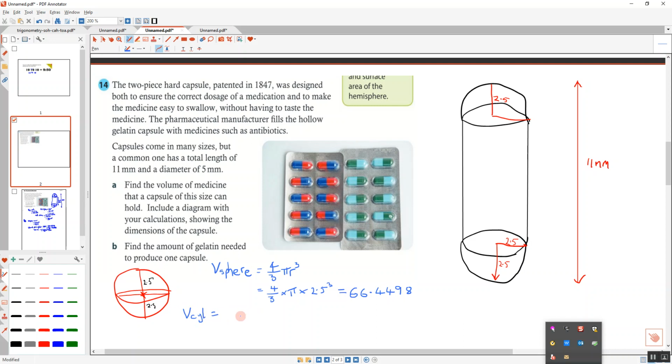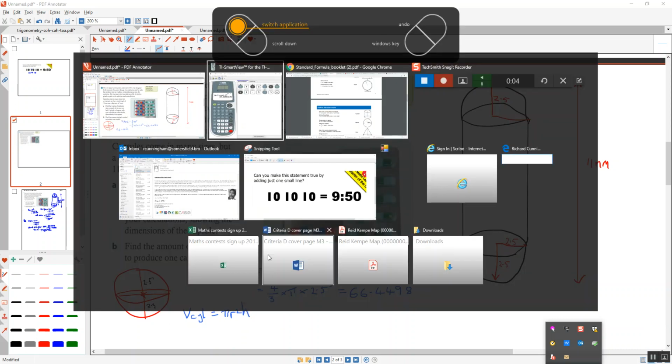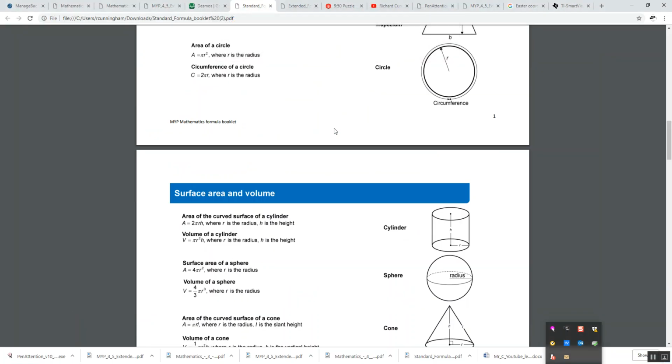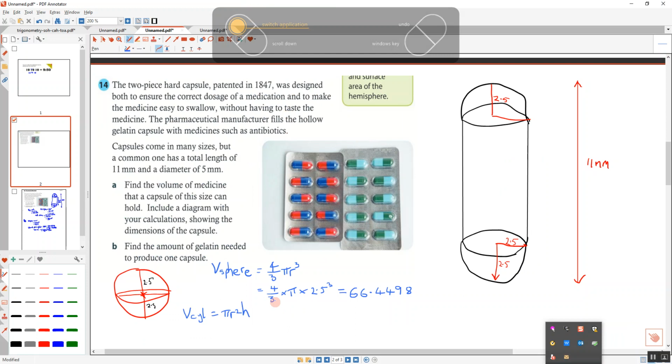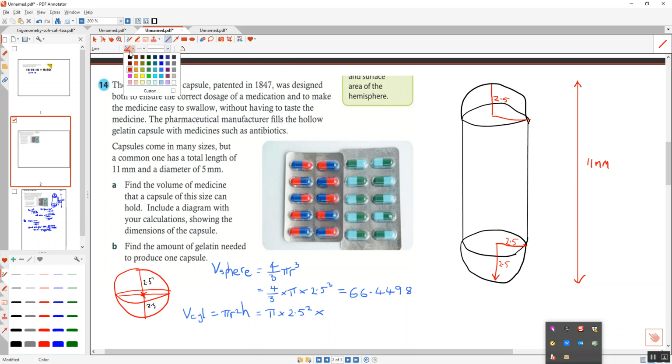The volume of the cylinder is pi r squared h. Remember, all the formulas are given to you right here, so you can see everything you need. There's the volume of a cylinder, pi r squared h. So I've got pi times r, which is 2.5 squared, times the height of the cylinder.